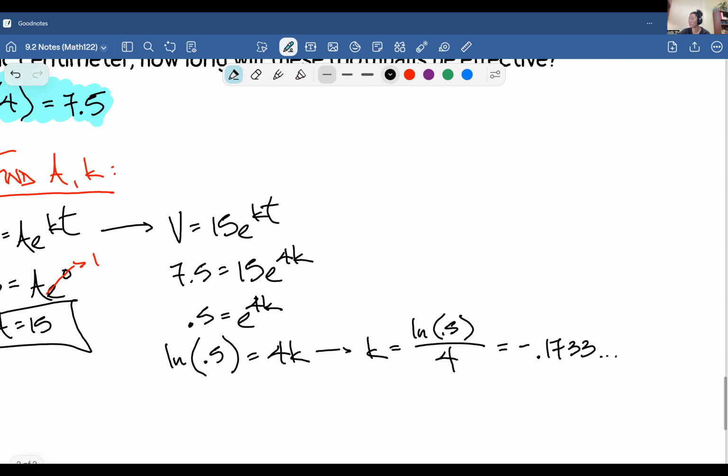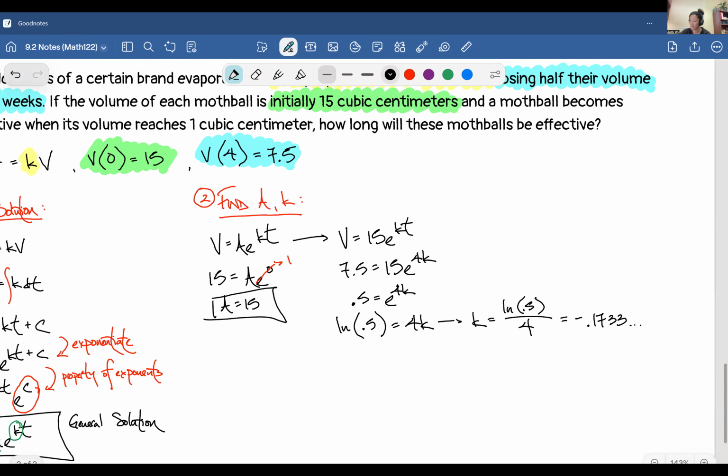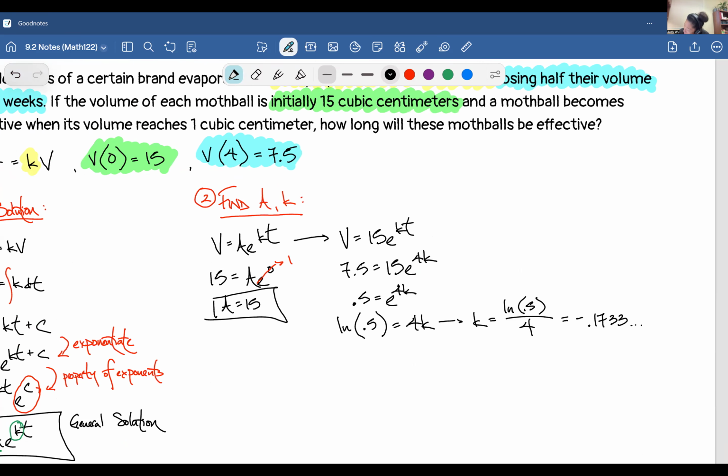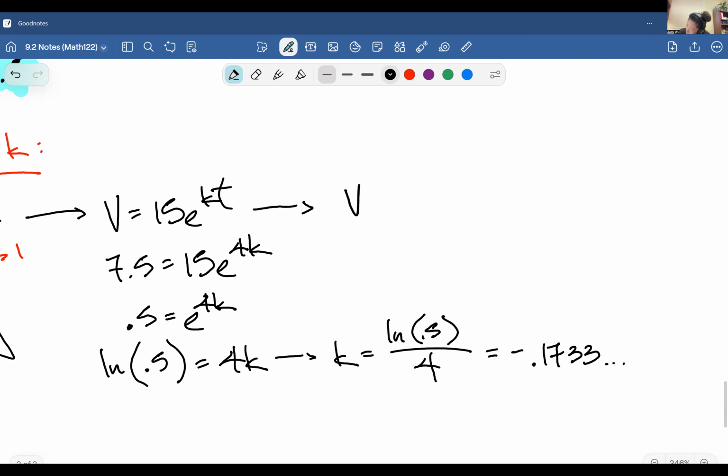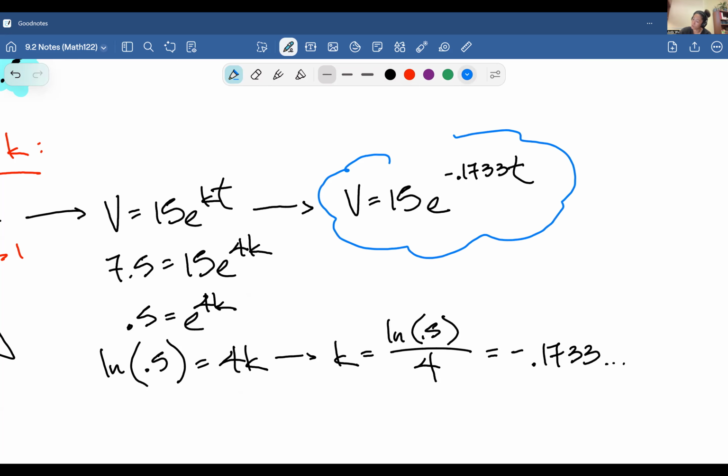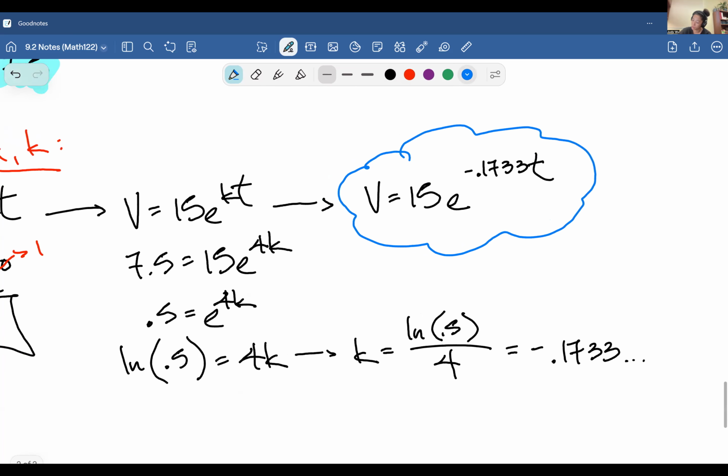But now that I've found my A and my K, I can write my entire equation. So volume equals 15e to the negative 0.1733t. This was the end goal of step 2.